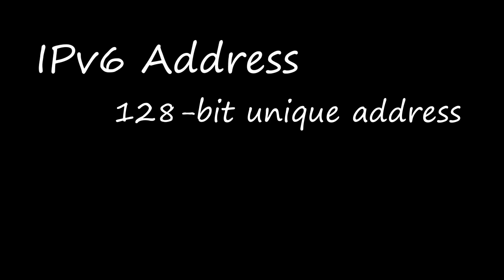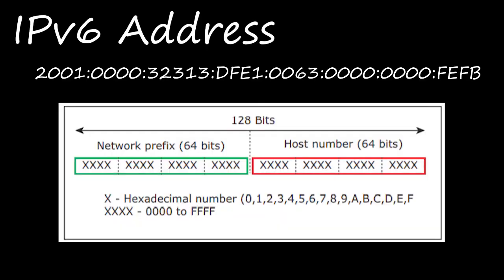In IPv6, the 128 bits will be divided into 8 blocks of 16 bits. Each block will be changed to a 4-digit hexadecimal number, and these will be separated by colon symbols. Colon means two dots, right?